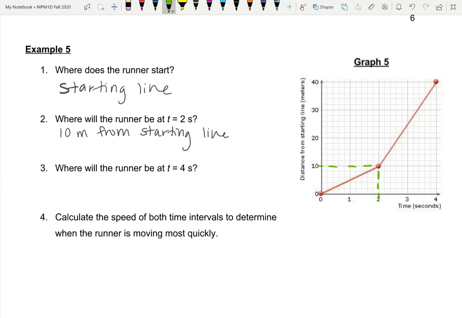Okay, where will he be at 4 seconds? So 4 seconds, 40 meters from the starting line. Calculate the speed of both time intervals. Okay, so remember, this is one interval, and this is another interval.